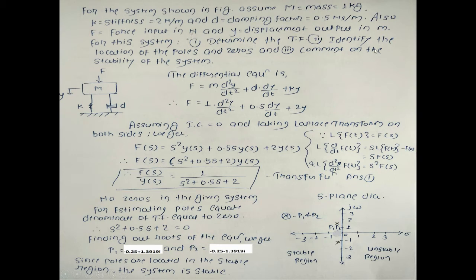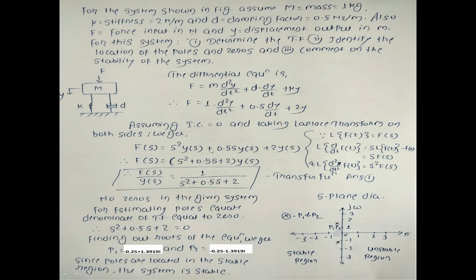Now, next task is to identify the location of poles and zeros. For the location of the poles and zeros, we first need to find out the values of poles and zeros, and then plot those values on the S-plane diagram.